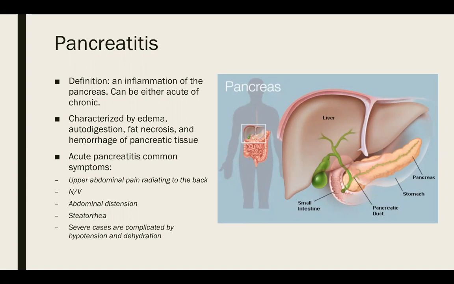Symptoms of acute pancreatitis that are common are upper abdominal pain radiating to the back, nausea and vomiting, abdominal distension, steatorrhea, and in severe cases, they are sometimes complicated by hypotension and dehydration. And as you can see in the picture to the right, the pancreas lies just below the liver and behind the stomach.